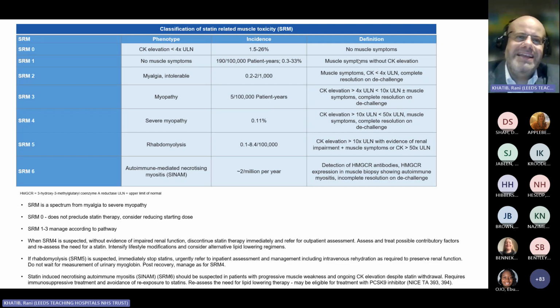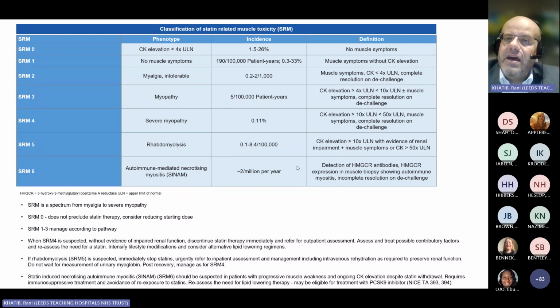They just have a little bit of CK elevation, which is not significant. We say that could happen anyway in the first 3 months. Then you move on to CRM 1, where patients have muscle symptoms without CK elevation. That's where you're probably going to de-challenge and re-challenge.